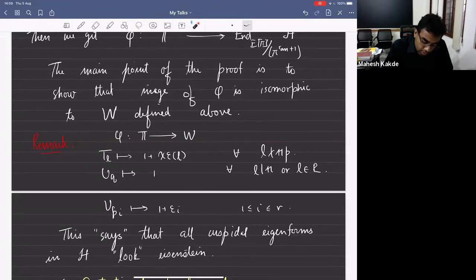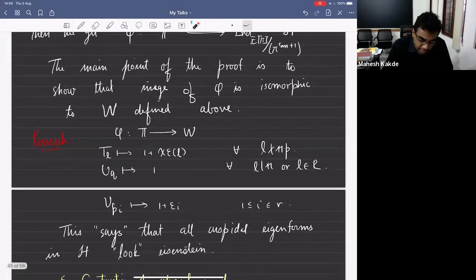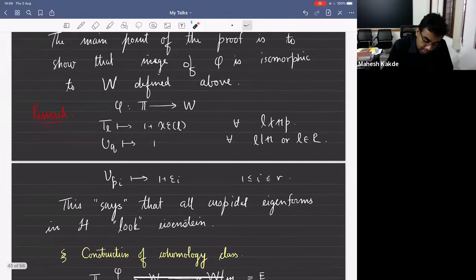Okay, so anyway, I have this map given by the previous theorem. Now, one thing I want to remark about this map is that it kind of shows that whatever you get is Eisenstein in some sense. So this says that these cuspidal eigenforms, modulo pi to the Rn plus 1, look Eisenstein, because you see what the Hecke eigenvalue is.